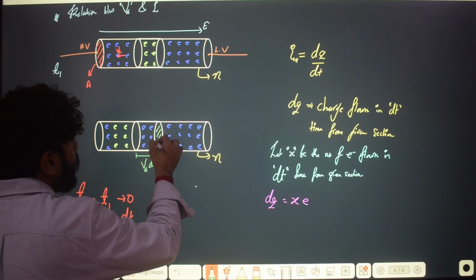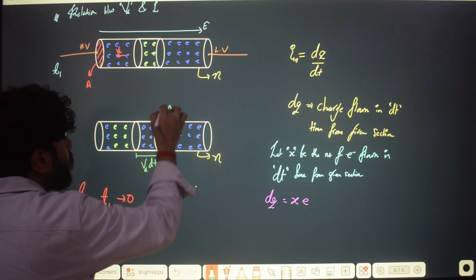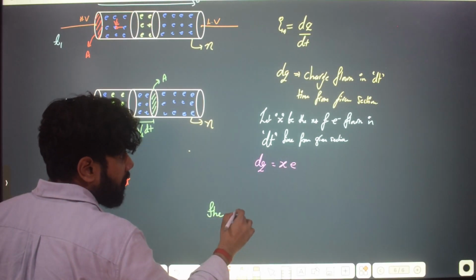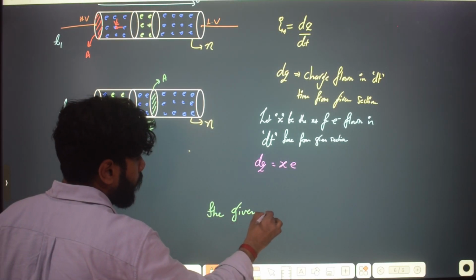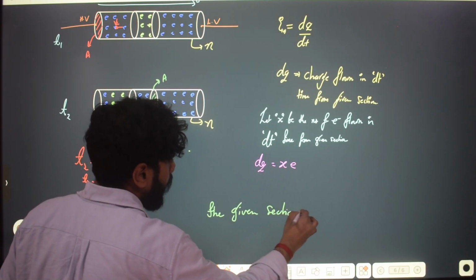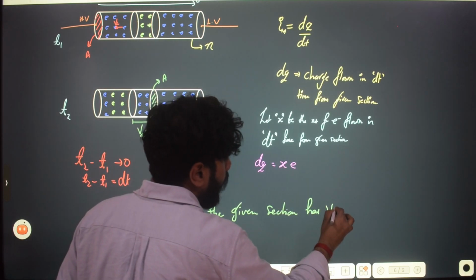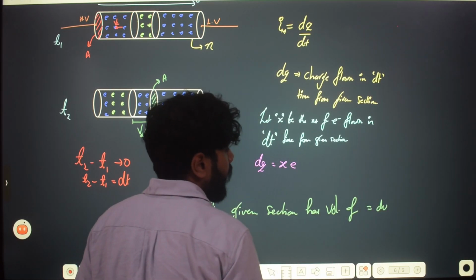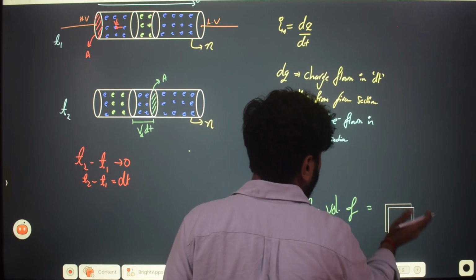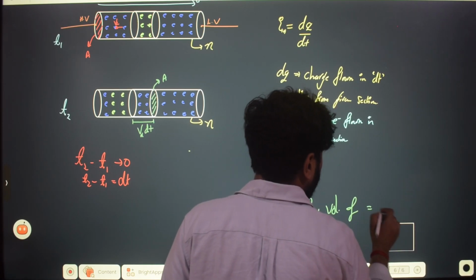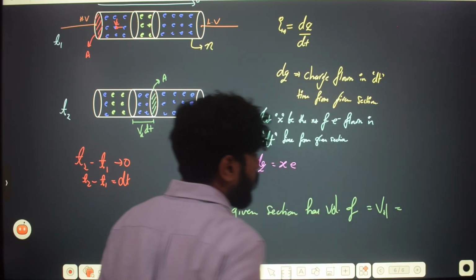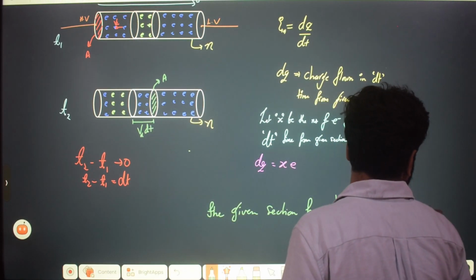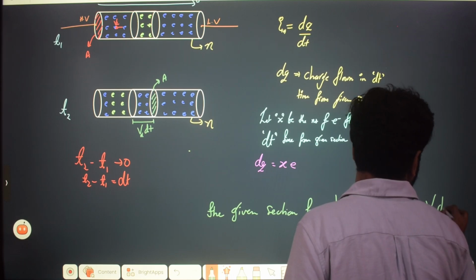And we already talked about the area of cross section being A. So the given section has a volume of dV, or you can write V also if you want. Volume will be what? Area into length. So A times Vd dt.